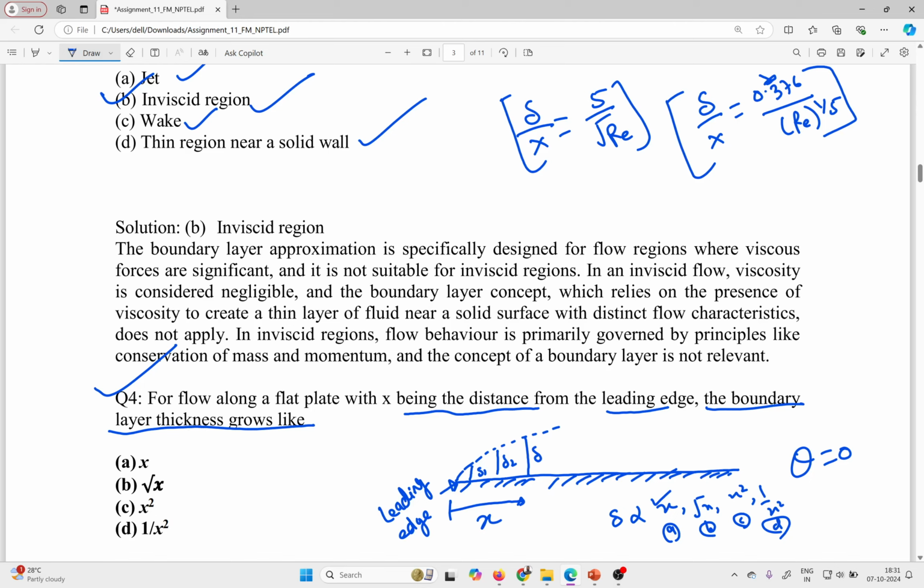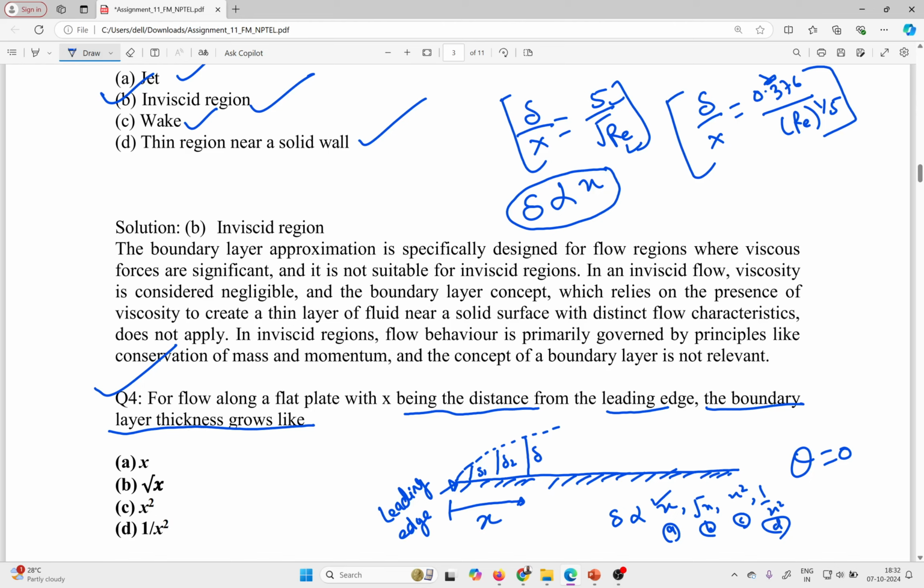But overall, if this is constant, your delta is directly proportional to x. But please remember, this is not like that.